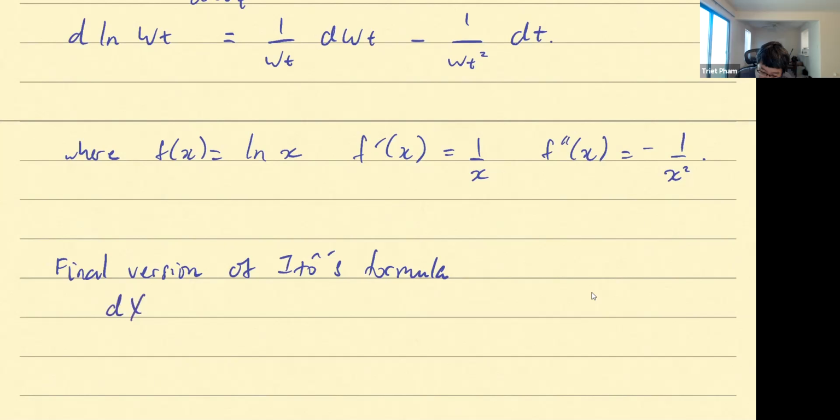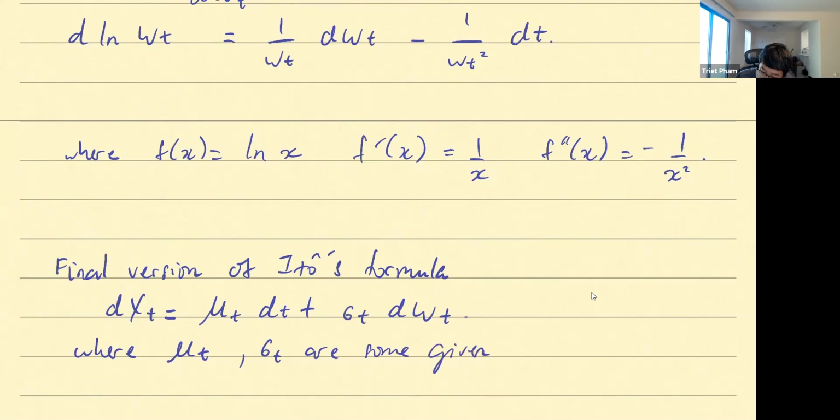Suppose that we start out with something pretty general, like this, where mu t and sigma t are some given processes.